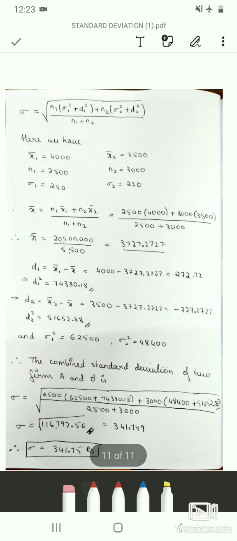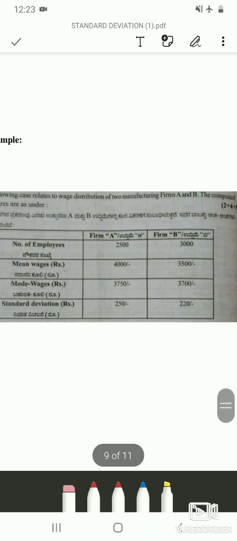So we know the formula for combined standard deviation is square root of n1 into sigma 1 square plus d1 square plus n2 into sigma 2 square plus d2 square whole divided by n1 plus n2. So from the question we have x1 bar. Let us see the question.